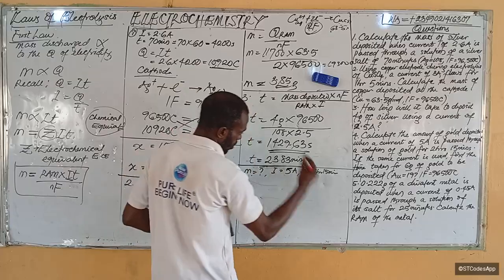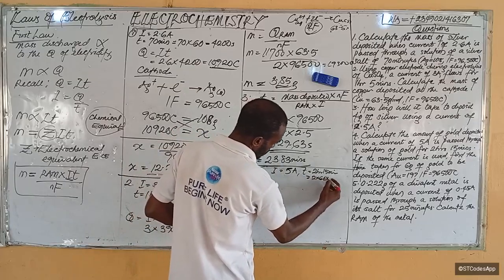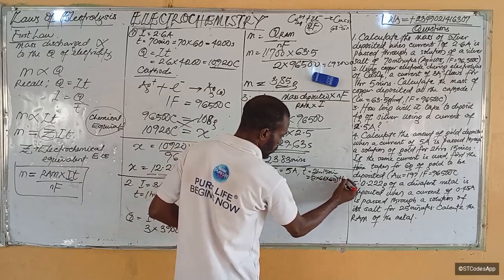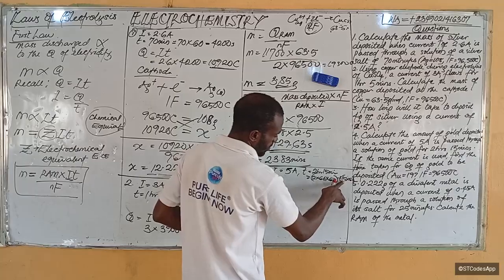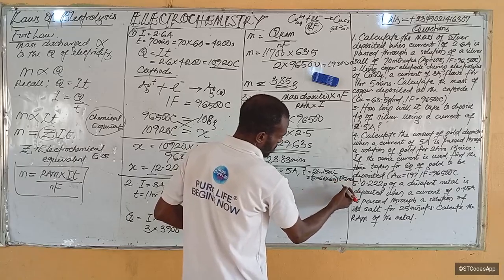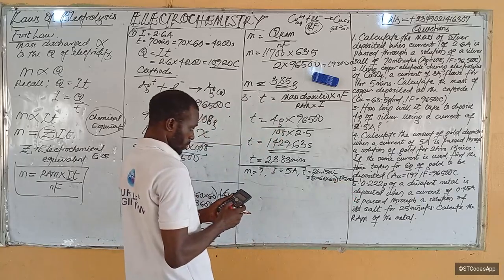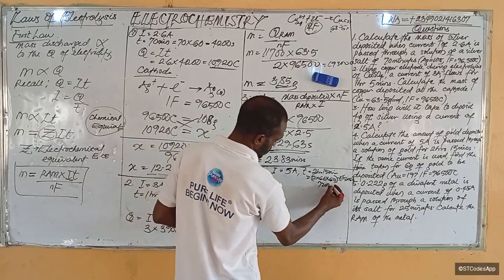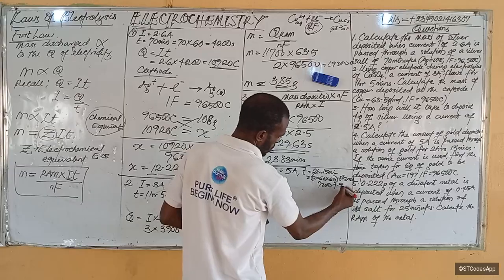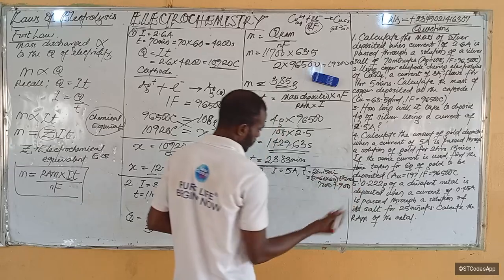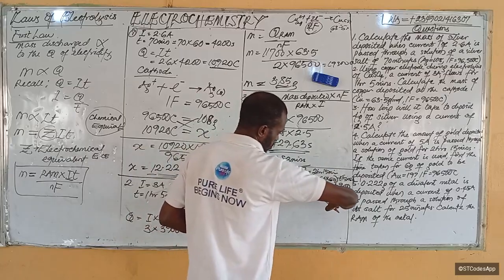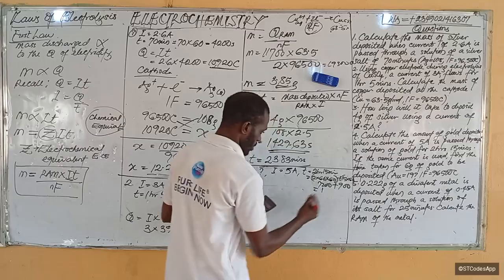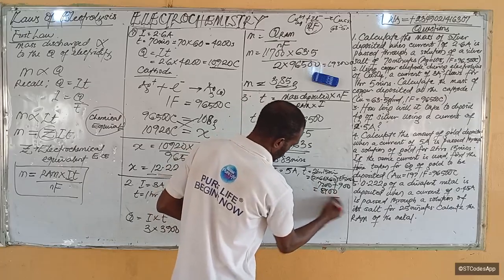Yes. So 2 hours 15 minutes will be 2 times 60 times 60 to convert to seconds, then plus 15 minutes converted to seconds, times 60. Let me use the calculator. 7,200 now, plus 900. So this becomes 8100.